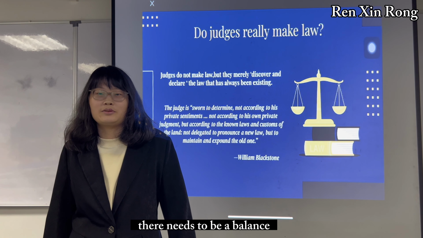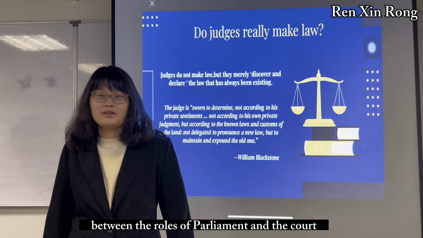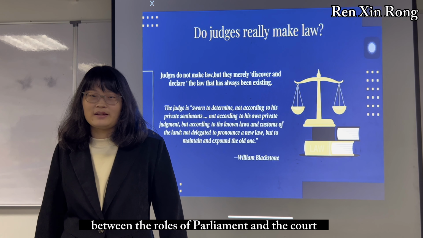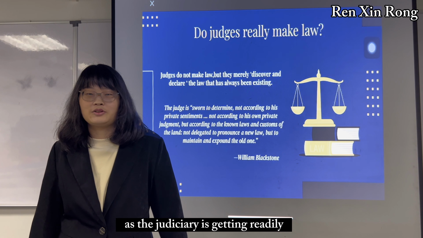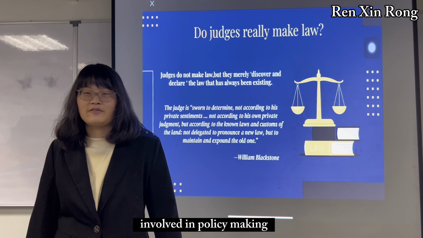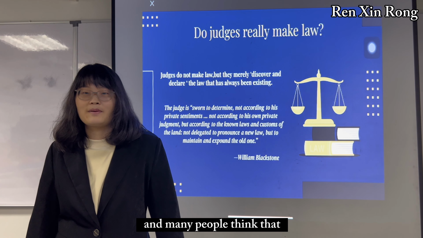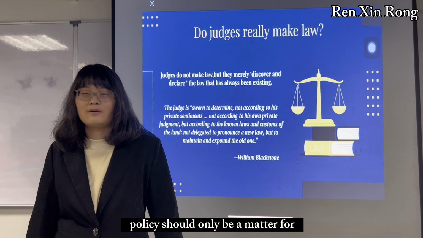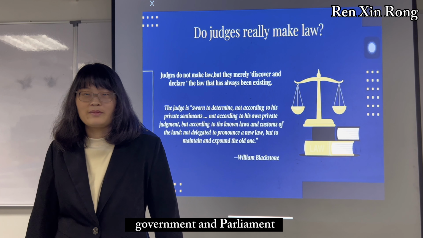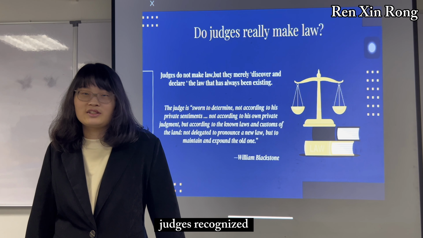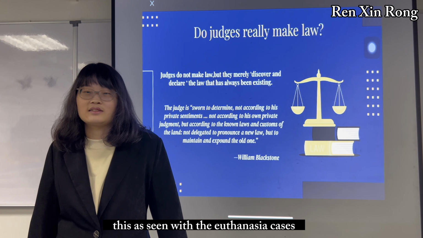There needs to be a balance between the roles of Parliament and the court, as the judiciary is becoming increasingly involved in policy making. Many people think that policy should only be a matter for government and Parliament. Judges recognize this, as seen with the euthanasia cases.